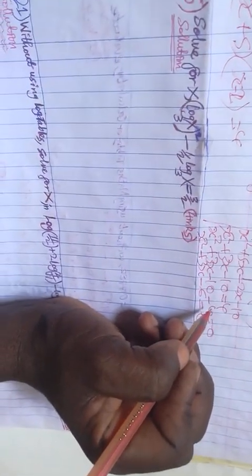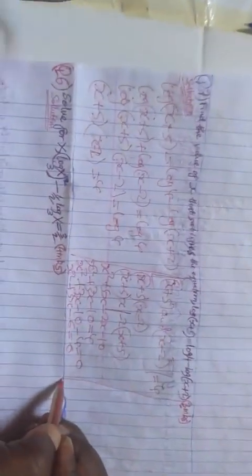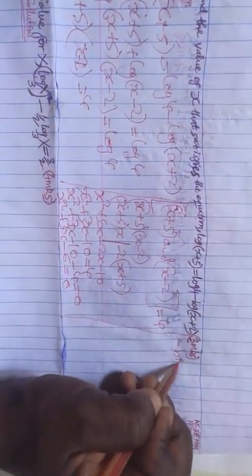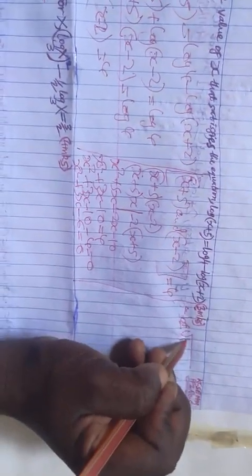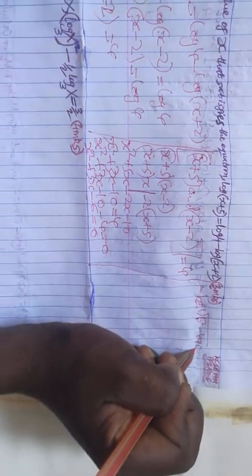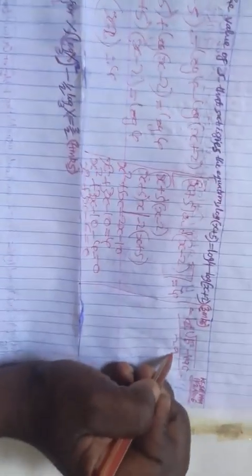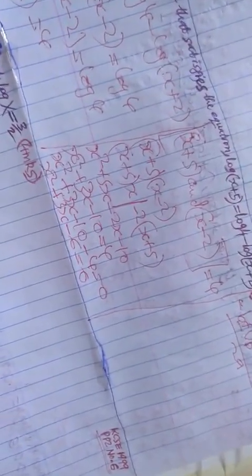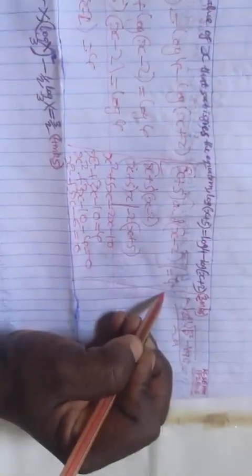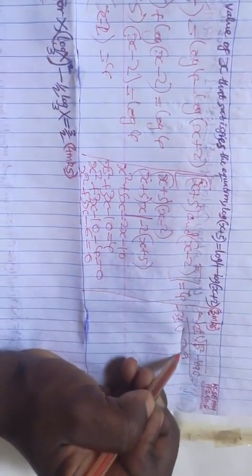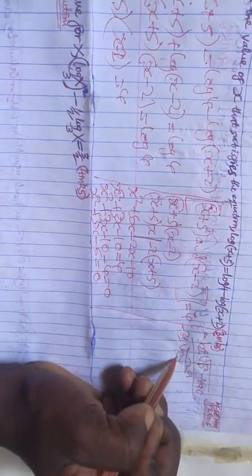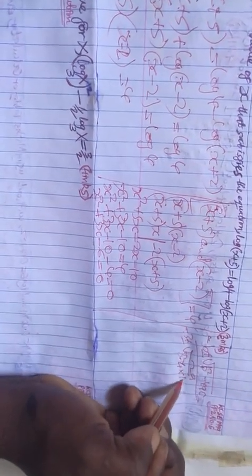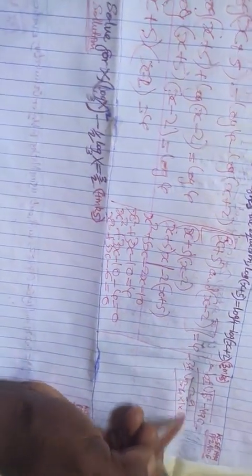By using the quadratic formula, negative b plus or minus the square root of b squared minus 4ac all over 2a, we say negative 3 plus or minus the square root of 3 squared minus 4 times 1 times 6, all divided by 2 times 1.